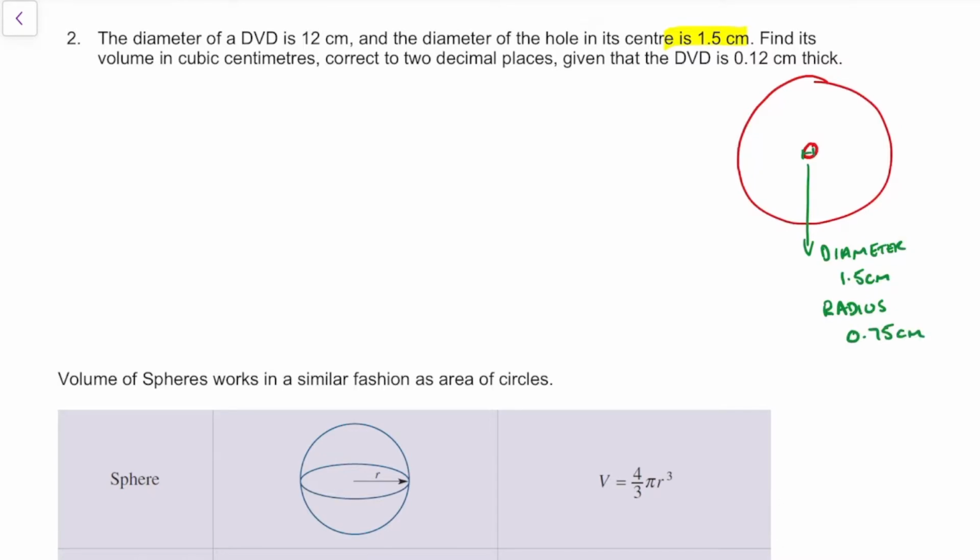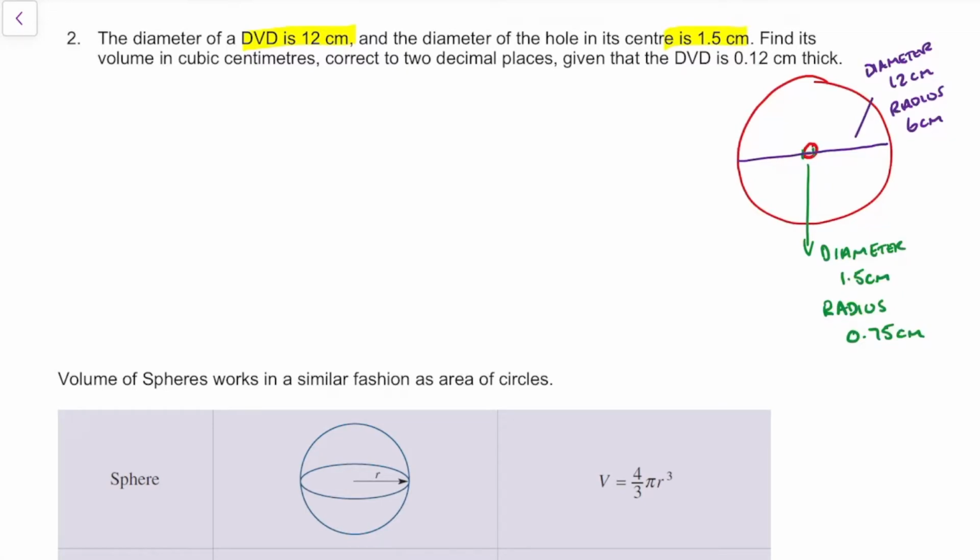That is the radius of the hole in the middle of the DVD. We've been given the diameter of the whole DVD as 12 centimeters. We don't want the diameter, we want that radius again, which is half, so that is 6 centimeters.